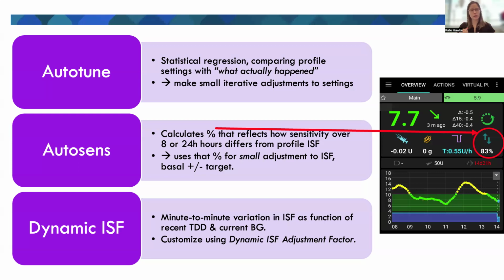So dynamic ISF is an even more minute-to-minute variation in ISF as a function of recent total daily dose and current blood glucose. Think of this as the concept that people talk about, where when they're really high with their glucose, their normal ISF doesn't cut it. They actually need an even bigger correction. This is the idea of altered tissue sensitivity to insulin when profoundly hyperglycemic, something that a lot of people with diabetes do somewhat intuitively.